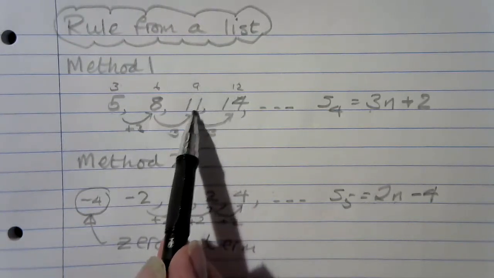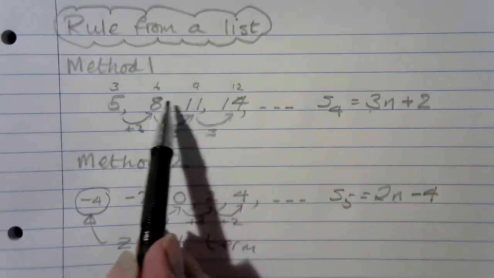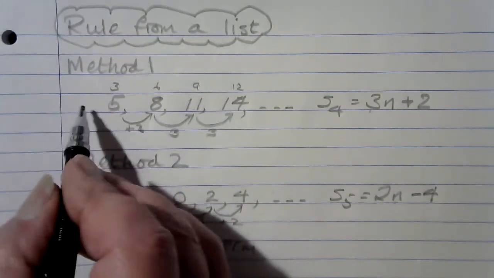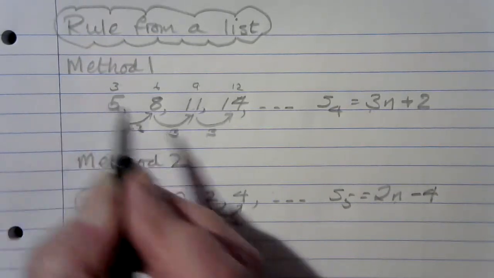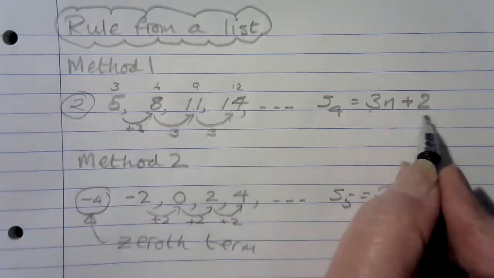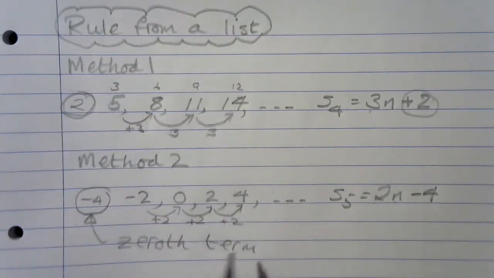Okay, going back by 3 every time. 14, 11, 8, 5. My 0th term is 5 minus 3, which is 2. Look, it works every single time.